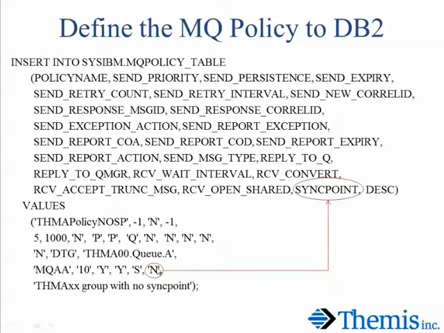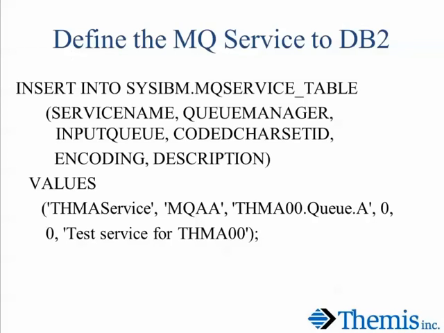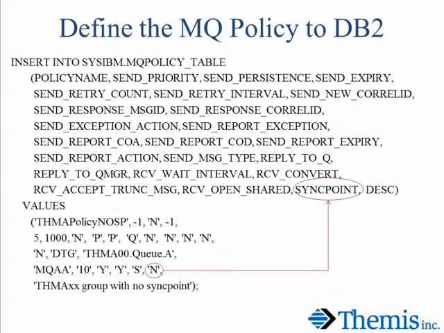So no sync point. So even if the caller commits or fails, it goes ahead and writes to the queue and keeps it out there. I have to receive it and remove it after retrieval, issue the receive to clean up the queue. Okay, so, and it's key, make sure that's non-synchronized.